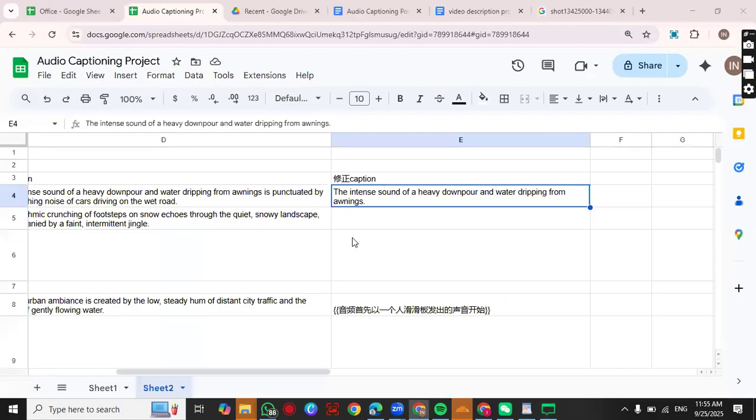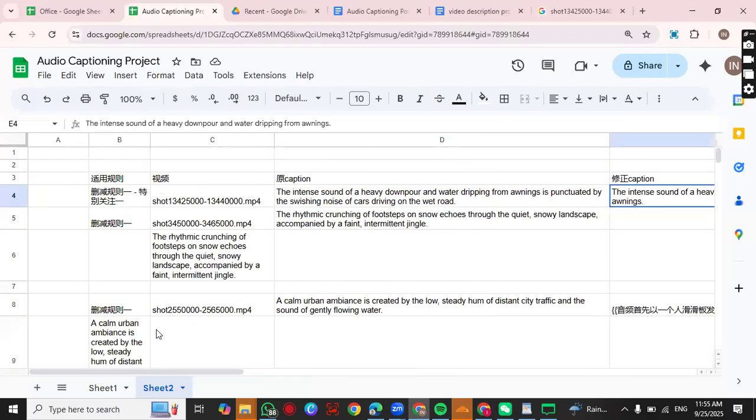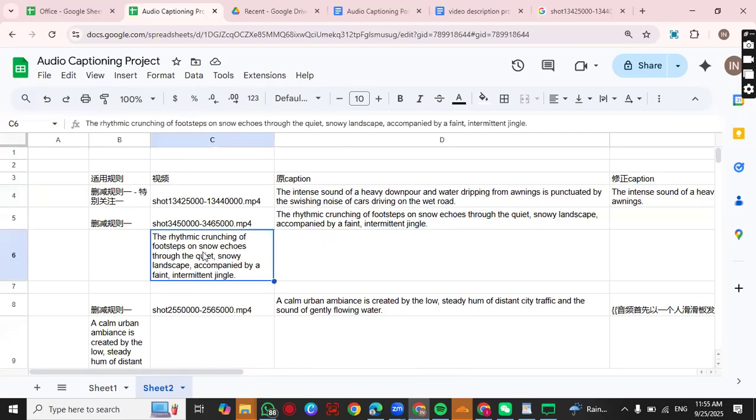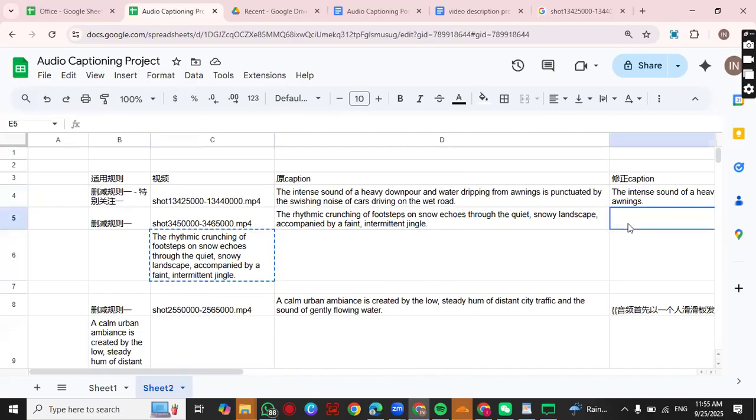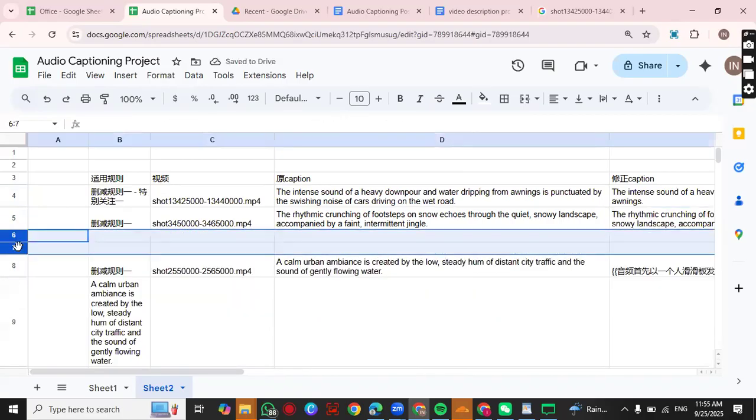Okay, so the caption here is the rhythmic crunching of the footsteps on snow echoes through the quiet snowy landscape, accompanied by a faint intermittent jingle. As we can all hear, there was no jingle.